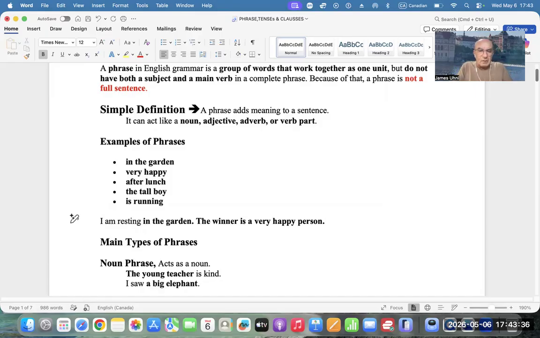Now, the winner is subject, is helping verb be, a very, that's adjective, or I would say intensifier, happy, that is adjective, person. So we have this part as the part of the sentence.